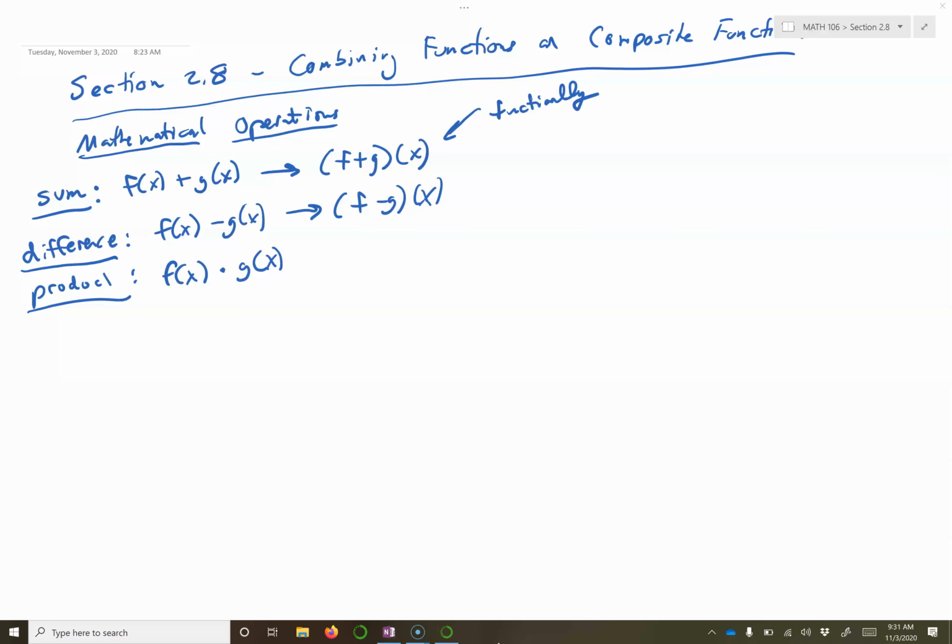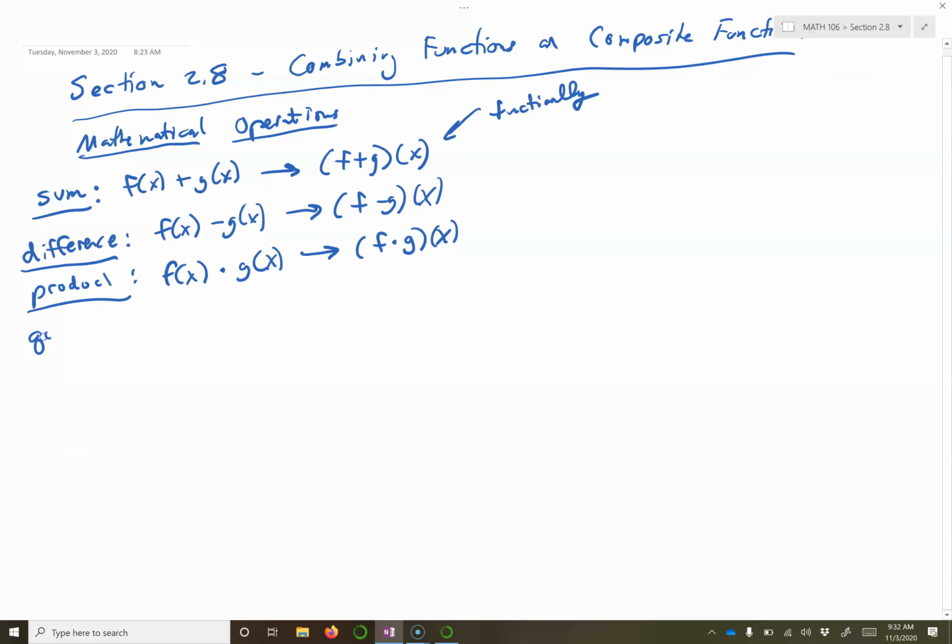Well, they could each be functions themselves, and we know how to do that. That's easy. But the notation for that is f, then the multiplication symbol, which is a solid dot, and then g of x. So you just multiply the functions and simplify.